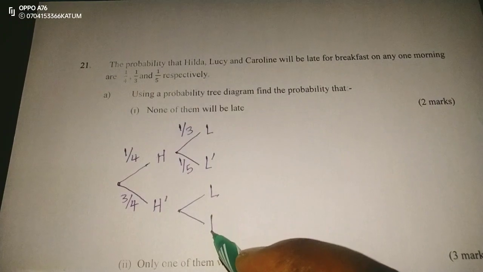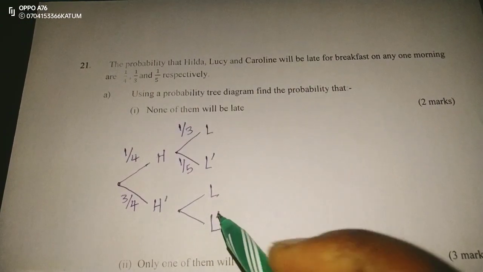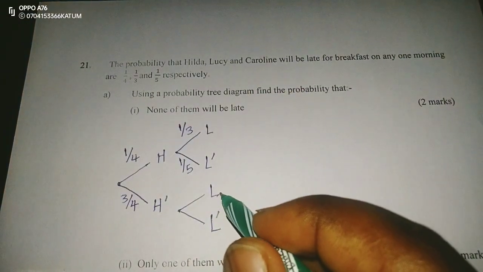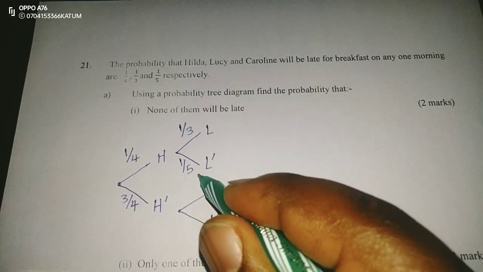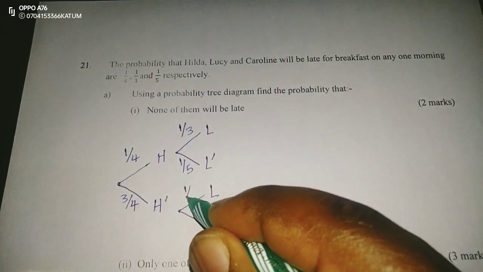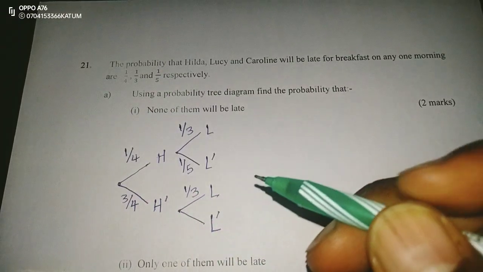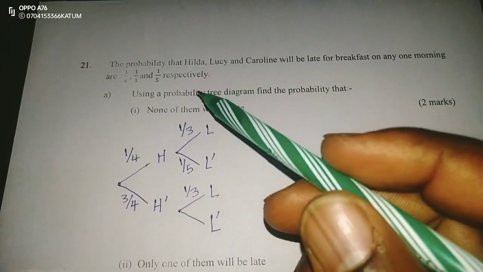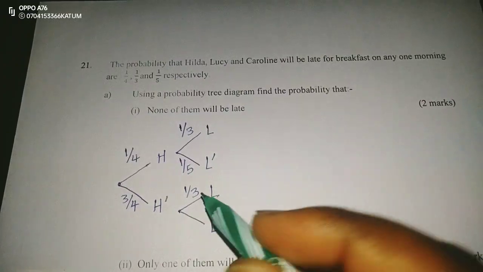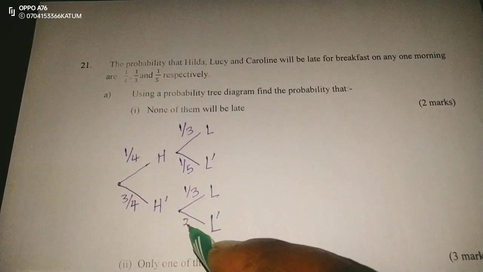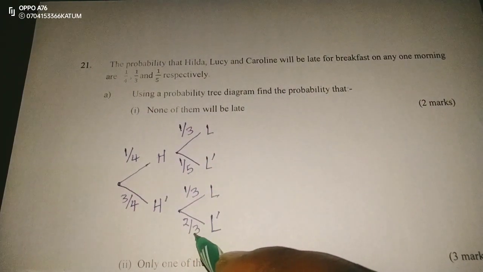So we can go again for Lucy and say Lucy being late is a third. So not being late should be 2/3.